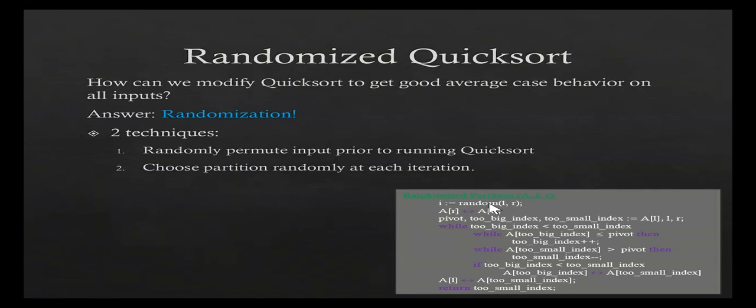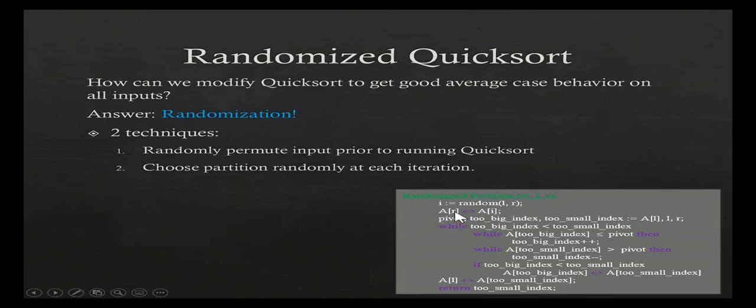We randomly select a pivot value, not the first element or the last element, from the left index to the right index, so any of the values in the array can be chosen. After selecting randomly, we swap it with the rightmost element or leftmost element.